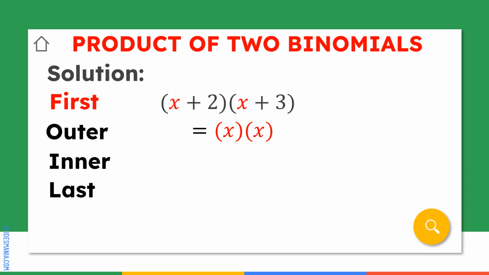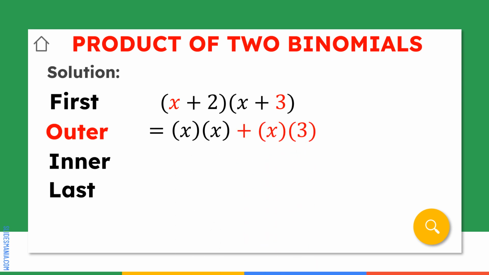And then next, we have the outer terms. As you can see, the outer terms are the terms in the outermost part of our expression, and they are x and 3. So we write them. That will be placed as the second term. We have x times 3.